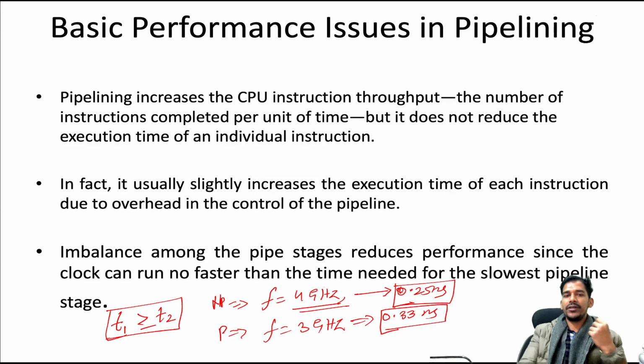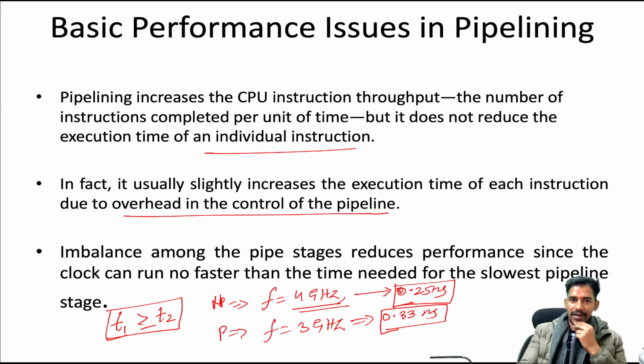That is an important point. In fact, it usually slightly increases the execution time of each instruction due to the overhead in the control of the pipeline, right? You will have to adjust the clock according to the slowest unit of the pipeline, right?